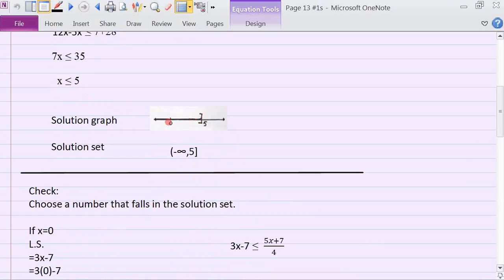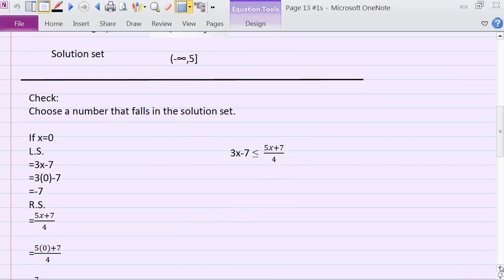So this is bold, and this is going towards negative infinity, so the boundary is shown like this, negative infinity, because you can't define infinity. We put a round bracket here. Because we are including the number 5, we have the square bracket right here. Either of these represents solutions to the problem.